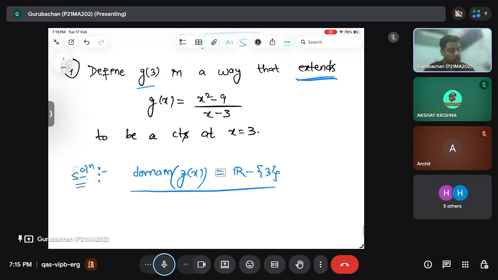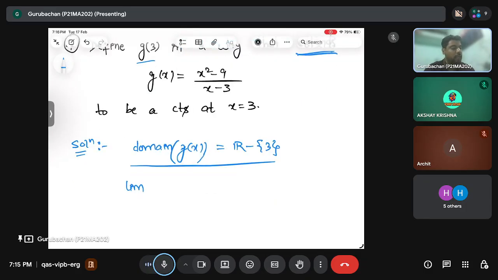So here, first of all, you have to calculate the limit as x tends to 3 of this g(x), which will be the limit as x tends to 3 of (x minus 3)(x plus 3) divided by (x minus 3). So this x minus 3 will cancel out.